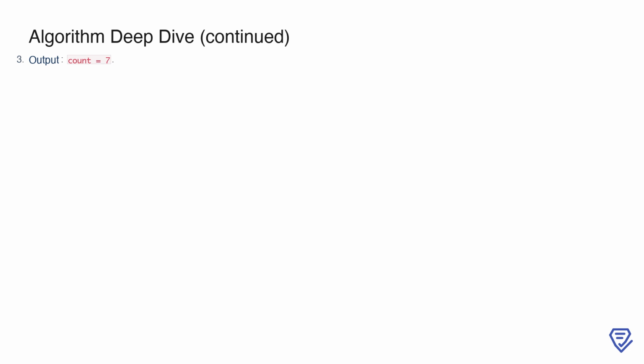At index 2, the prefix sum remains 9, and the counter increases again due to the repeated remainder. This process continues until the end of the array. By the final element, the counter is 7, indicating that there are 7 subarrays whose sums are divisible by k. This example demonstrates how the algorithm efficiently tracks remainders and counts valid subarrays, achieving the desired result with minimal computation.